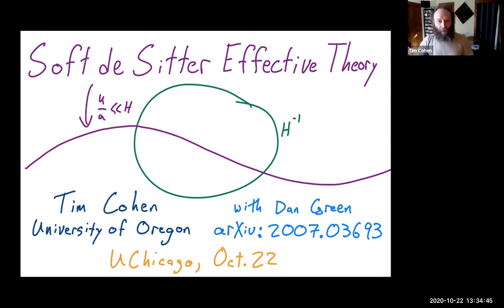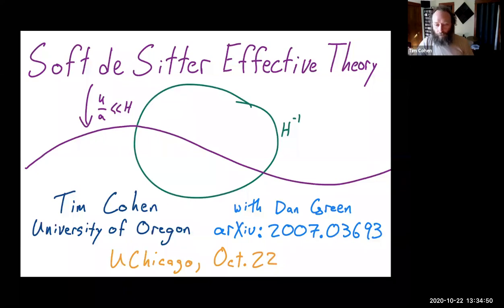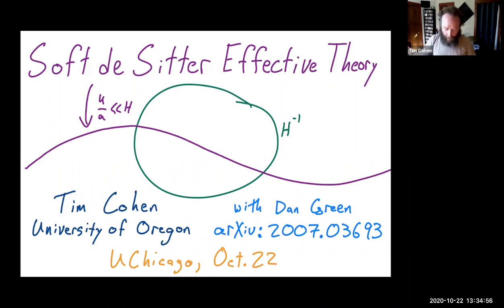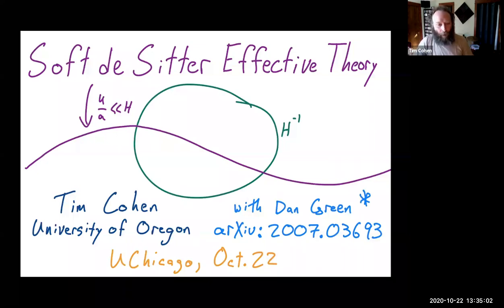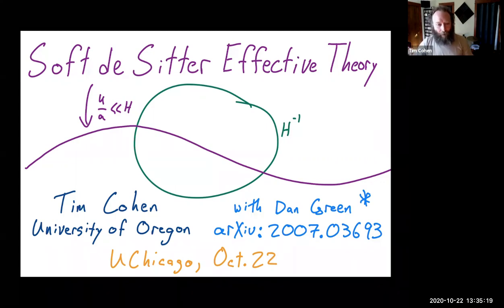Cool. So I want to tell you today about a new effective theory description of the soft limit for modes in de Sitter space. This is in collaboration with Dan Green, who's the actual expert here. Basically how this came about was Dan came and visited us at Oregon and gave a great talk. And then afterwards we were talking about IR divergences in de Sitter, and Dan was giving me a rundown of what the structure is, what's known, and so on.